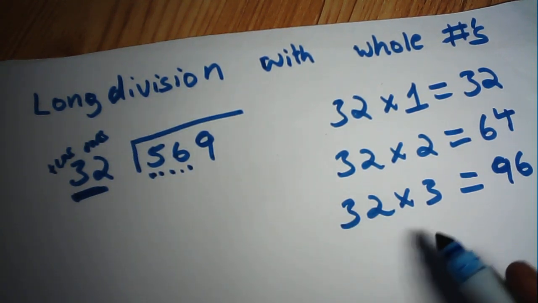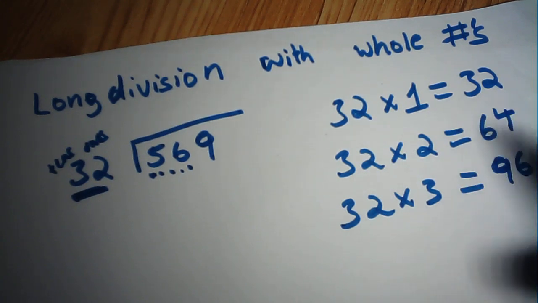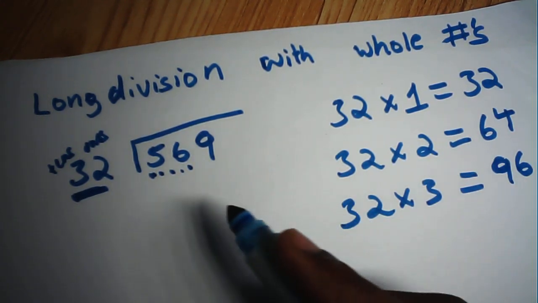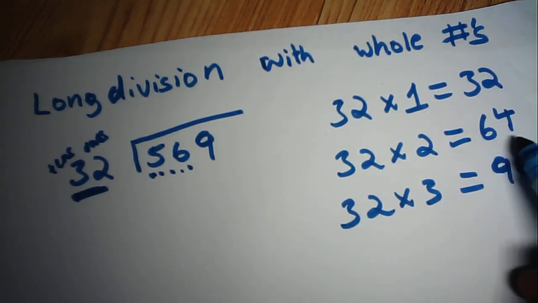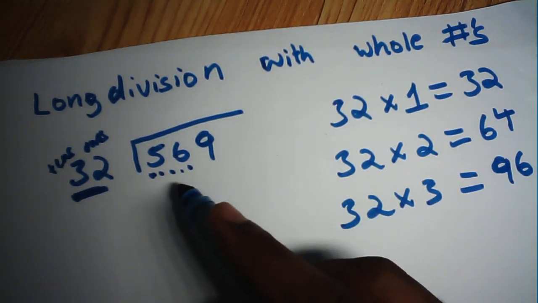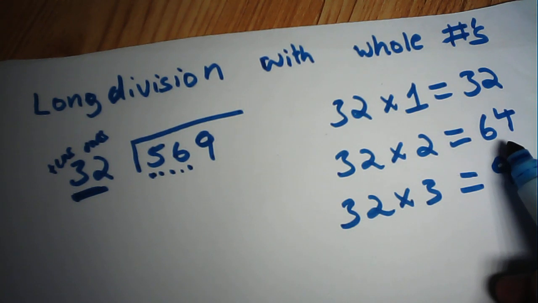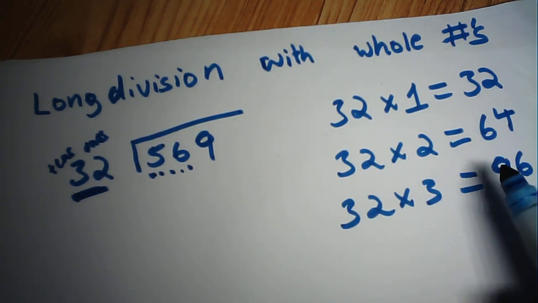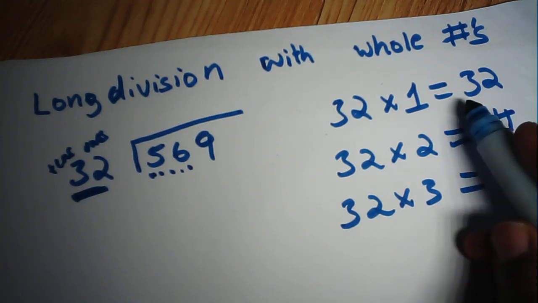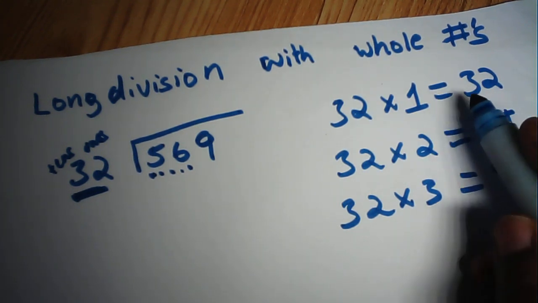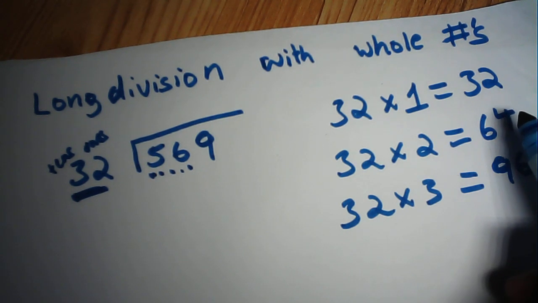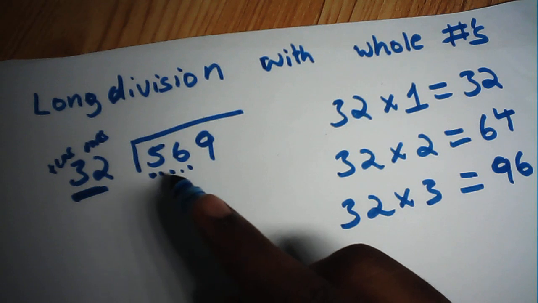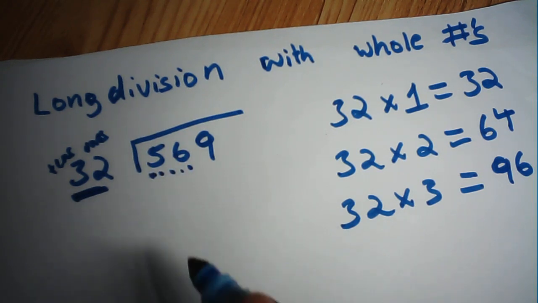So let's look through our multiples here. 64 is bigger than 56, so I can't use 64. So I go straight to the one that's under, which would be 32 here. So 32 would be the number that this can be subtracted by.